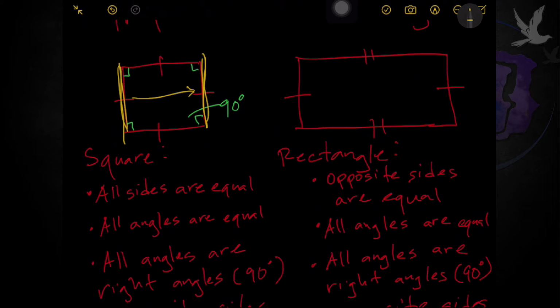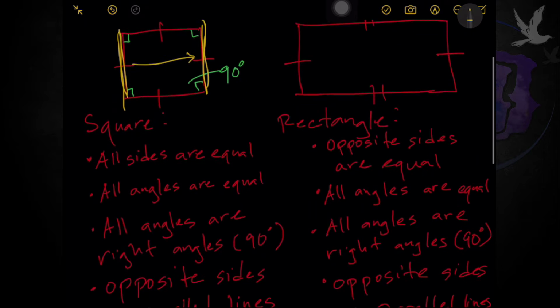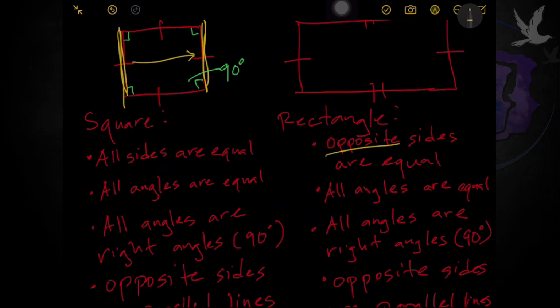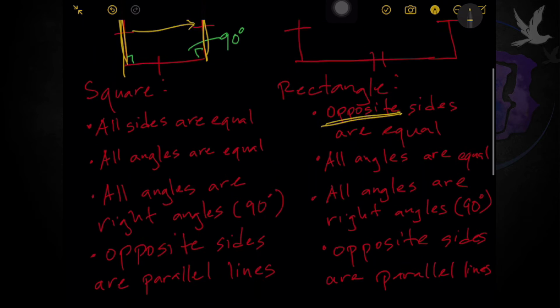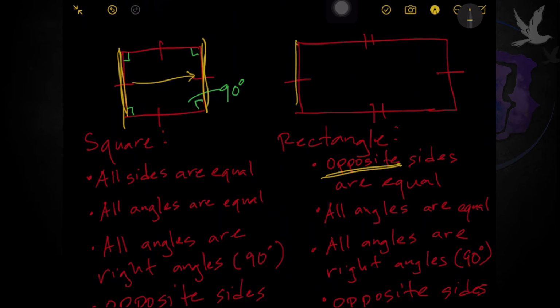The properties of a square and a rectangle are almost identical except that for a rectangle, not all sides are equal. Okay? But instead, opposite sides are equal. Like what I've said earlier, opposite sides. Ibig sabihin, this one is the same as this one.